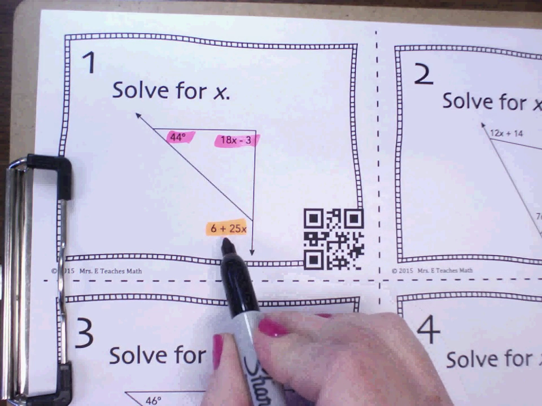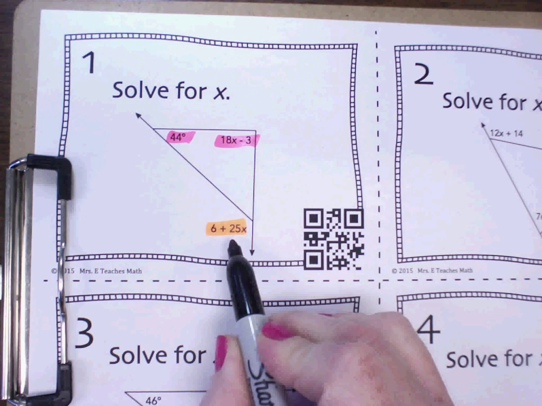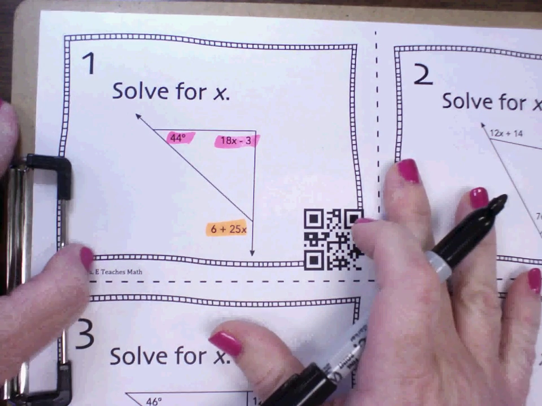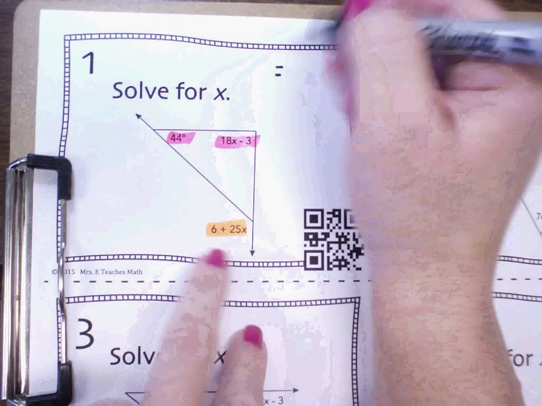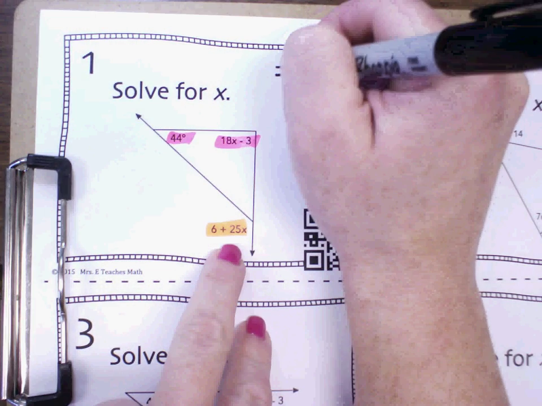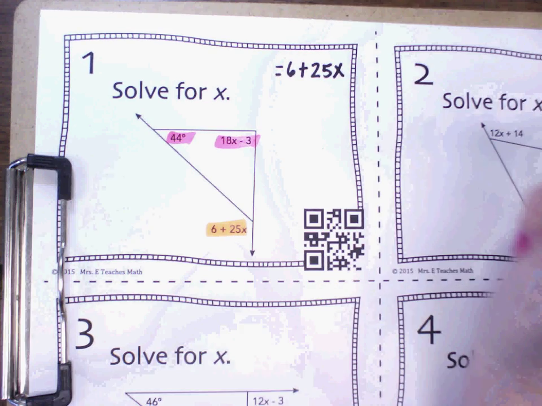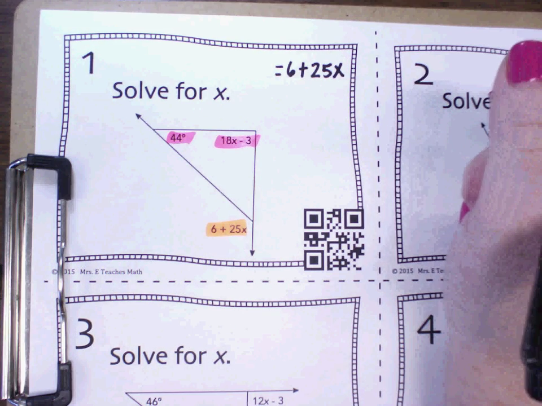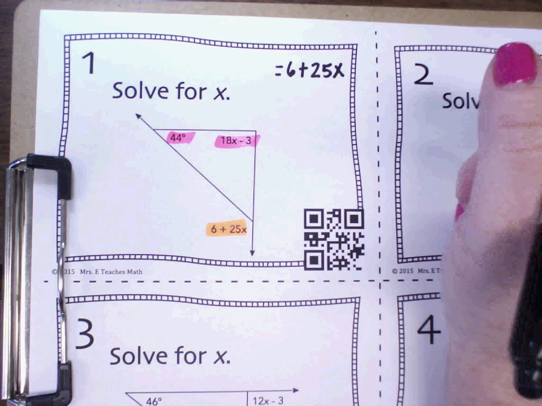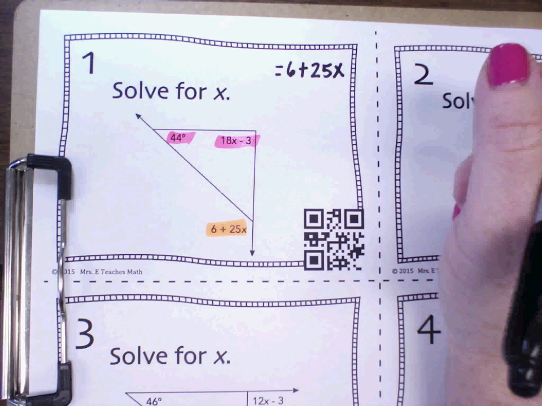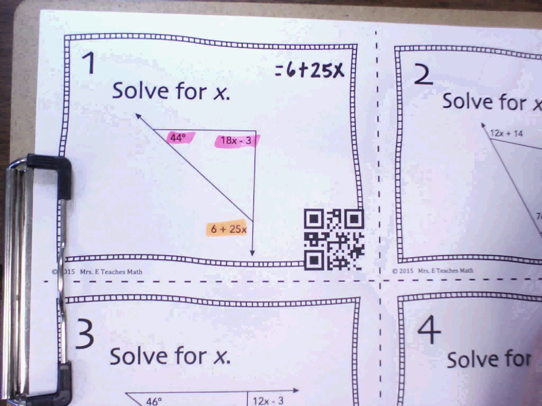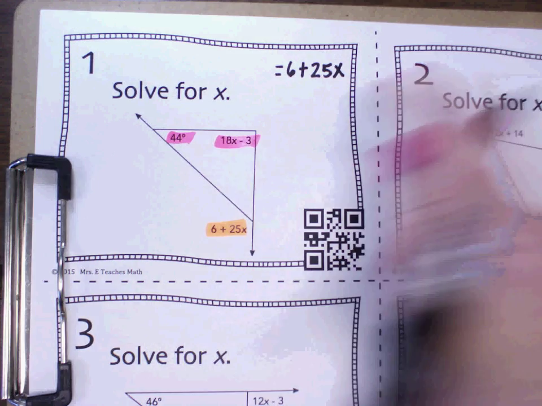Everybody with me? All right, so the theorem says that the two on the inside added equal the outside, correct? So this equation has to be equal to what? To 6 plus y, 180, guys.